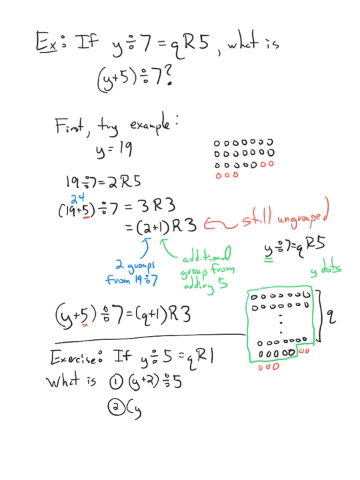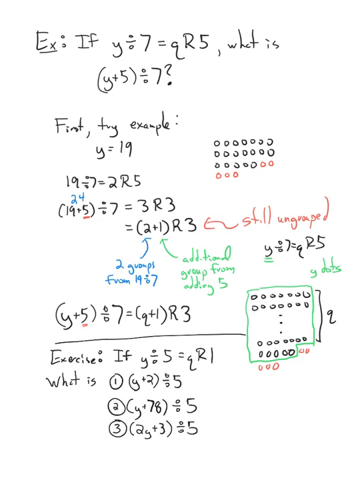What is y plus, let's say, 78 divided by 5. And the third one, well, let's get a little fancy. See if you can figure this one out. 2y plus 3 divided by 5. So pause the video now.